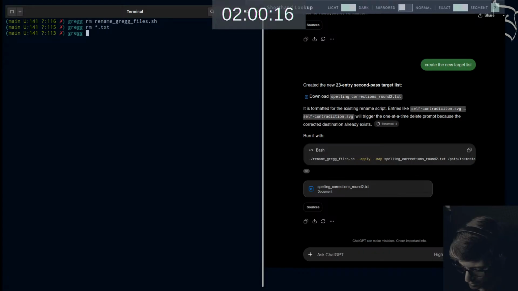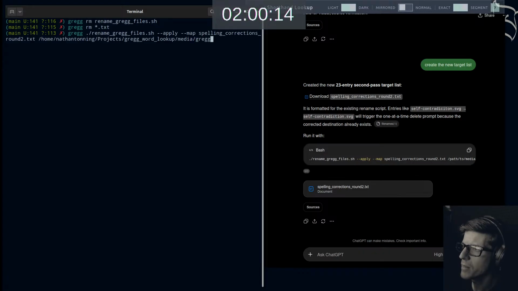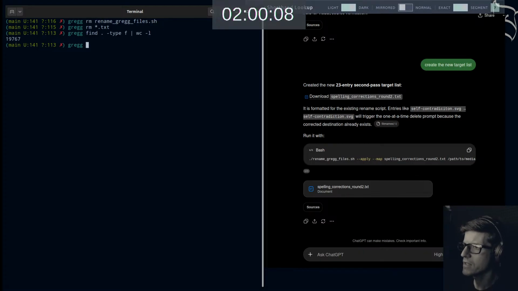All right. So now if we run the command, we can see how many files we actually have here. 19,767, which makes sense because we really didn't add any words, we just changed names, okay?